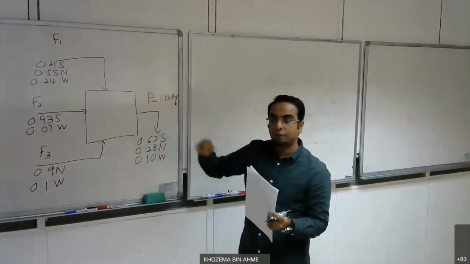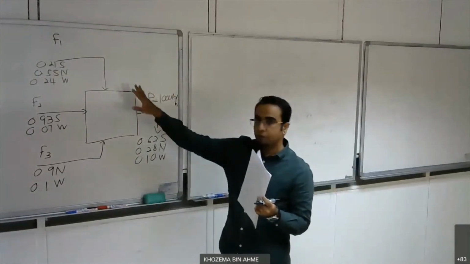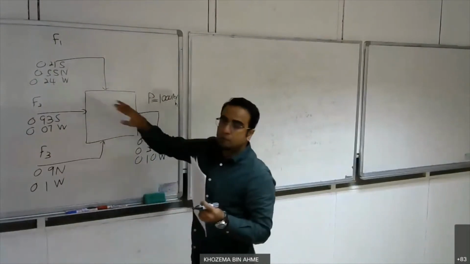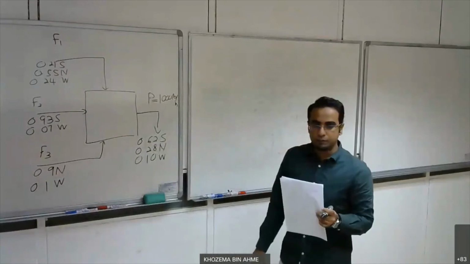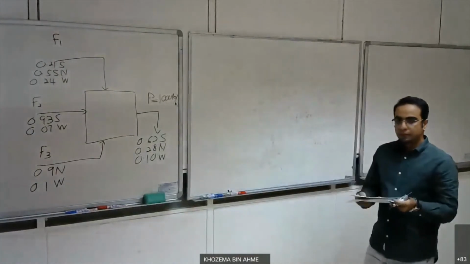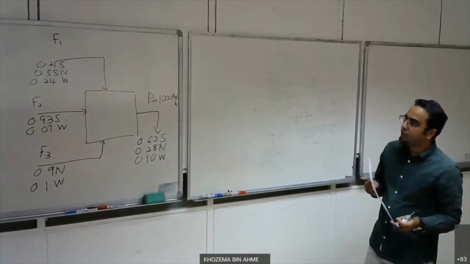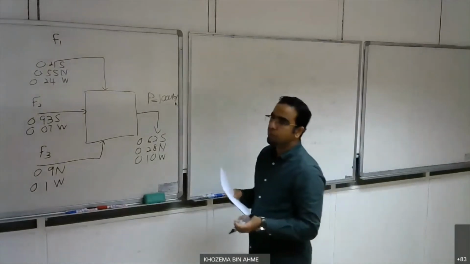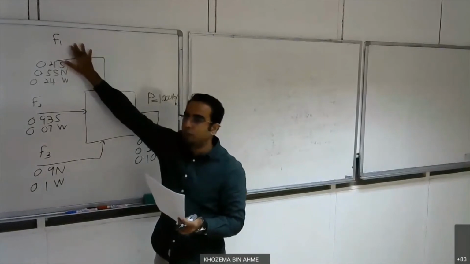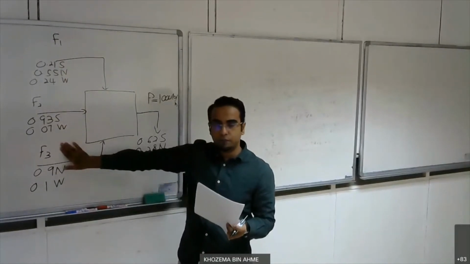So now if you see here, it's a little bit complicated because we have 4 streams and 3 types of component in our system. If you were to write the degree of freedom analysis, the only unknowns are the flow rate of stream number 1, stream number 2, and stream number 3.